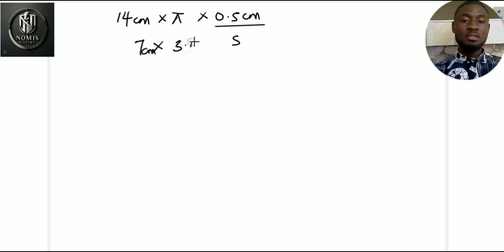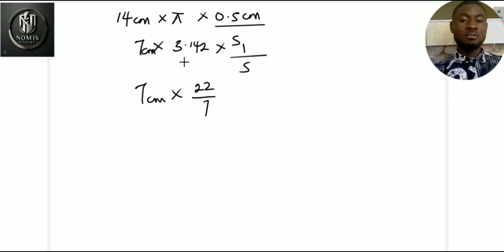So 3.142 multiplied by 1 per second, so everything is per second. We now have 7 multiplied by 3.142. To make it simple, you can just say 7 centimeter multiplied by 22 over 7, because that is what 3.142 is.